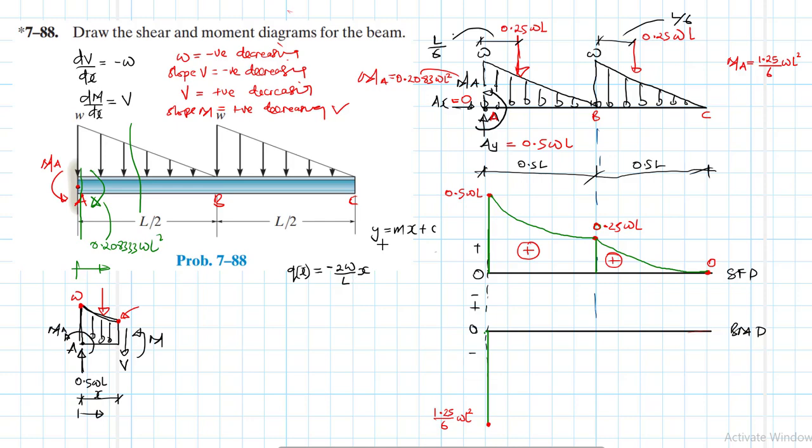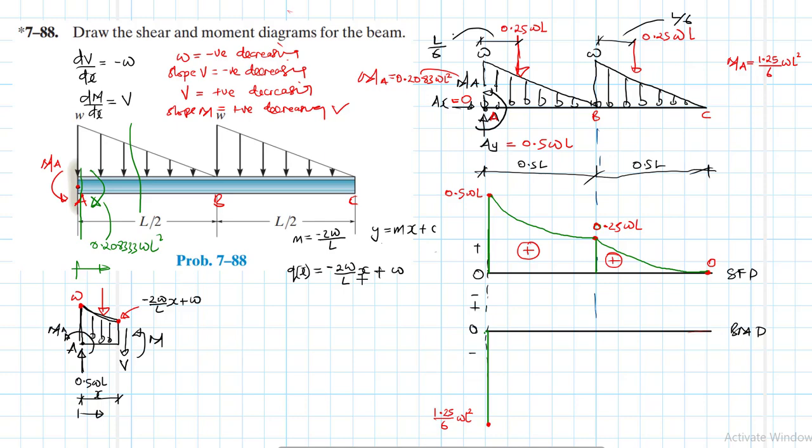M alone, m is minus 2W over L, that's it. Then x, then plus W. So this is our q of x, which is minus W over L, x plus W, like that. So that is our q of x.